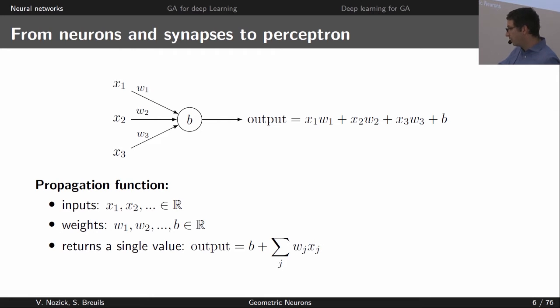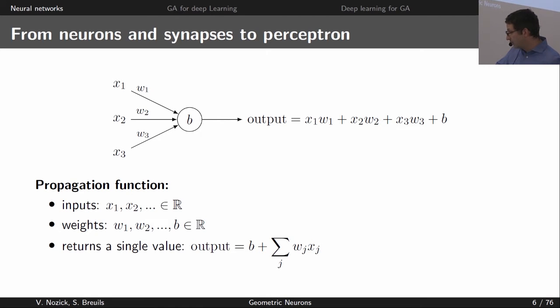So we can start by talking about a neuron that looks like a node, with here, for example, 3 inputs, x1, x2, x3, and 1 output. There's a single output that will have only one answer, and this answer will be the sum of all the inputs, each of them weighted by one specific weight, W1, W2, and W3, plus a bias.